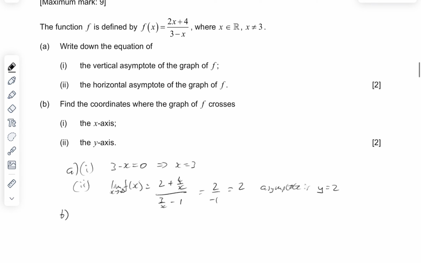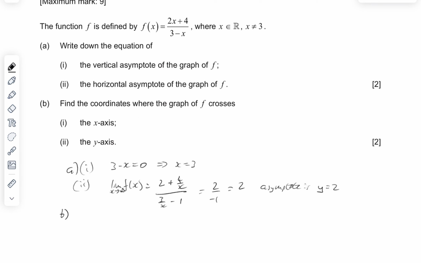Part b, find the coordinates where the graph of f crosses the axes. So for the x-axis, we need y equals 0, which implies 2x plus 4 over 3 subtract x equals 0, implies that 2x plus 4 equals 0, which implies that x equals negative 2.